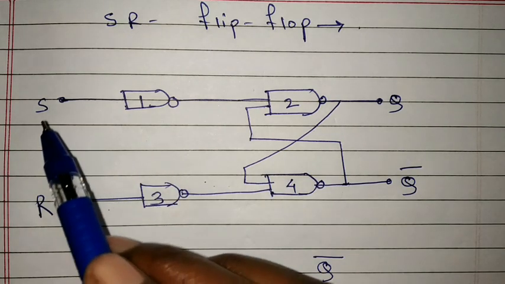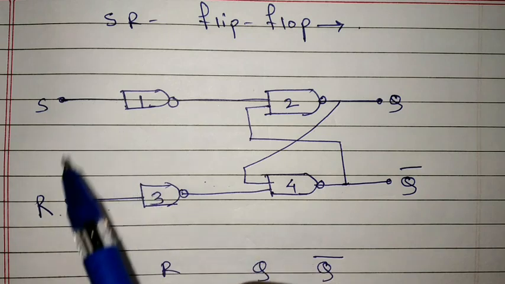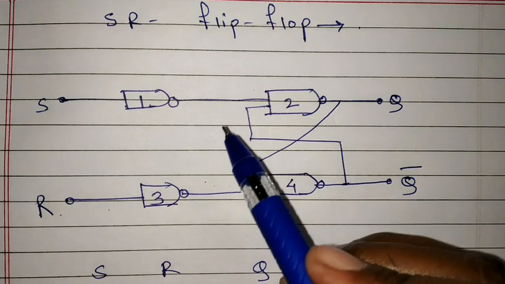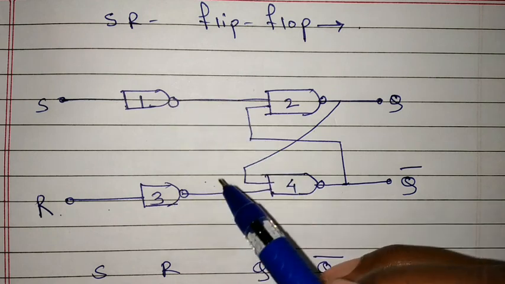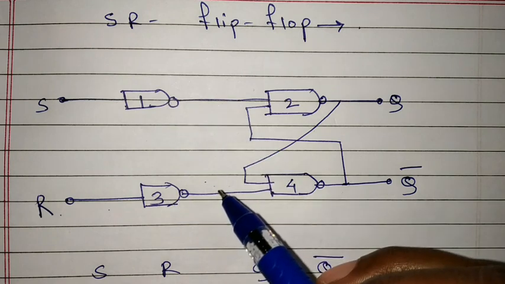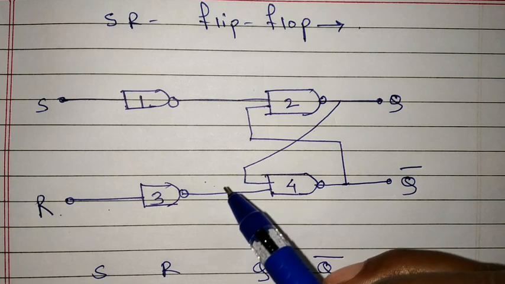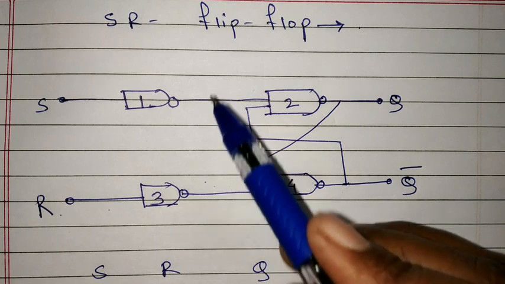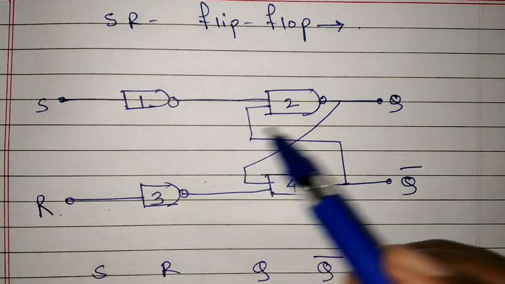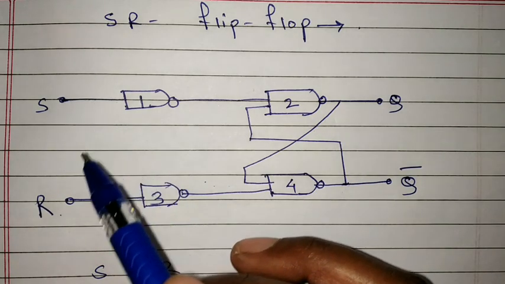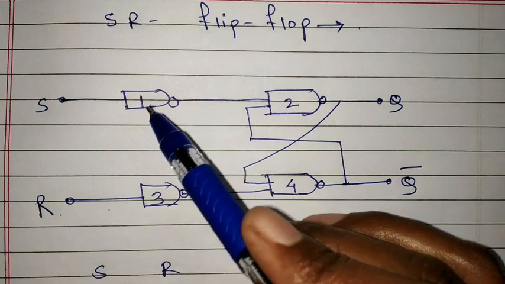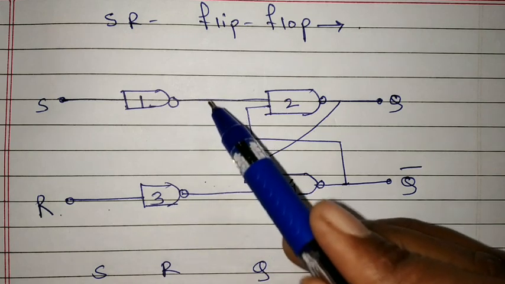Now check the last condition. If S is 1, R is 1, then what happened? The outputs of the first and third NAND gates will be 0, and as we know, as per the truth table of NAND gate, if any one of the inputs is 0, the output will compulsorily be 1. If S is 1, R is 1, the output of the 1st and 3rd NAND gates will be 0.